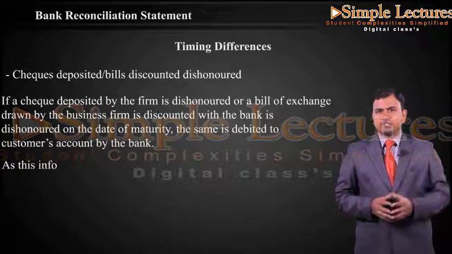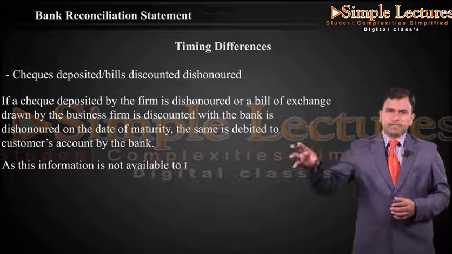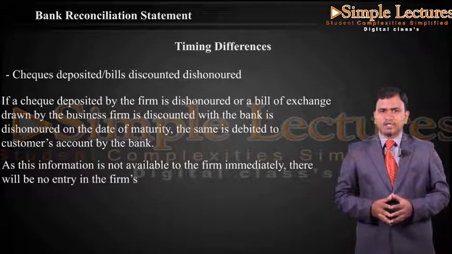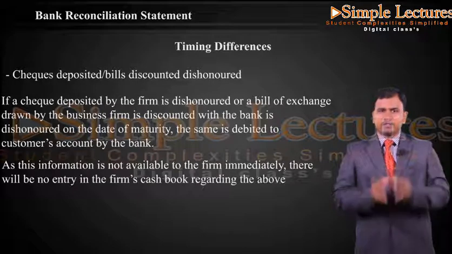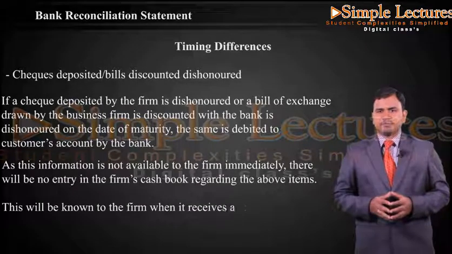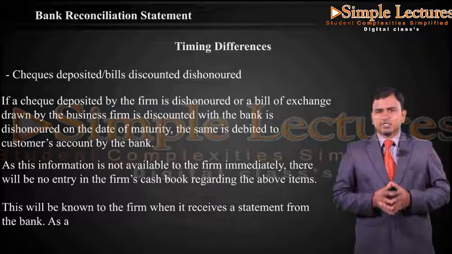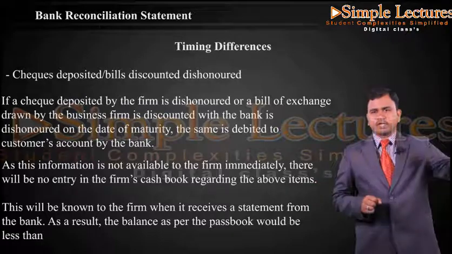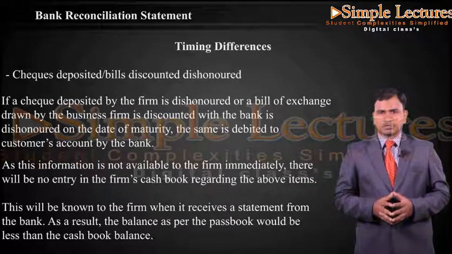As this information is not available to the firm immediately, there will be no entry in the firm's cash book regarding the above item. This will be known to the firm when it receives a statement from the bank. As a result, the balance as per the passbook would be less than the balance as per the cash book.